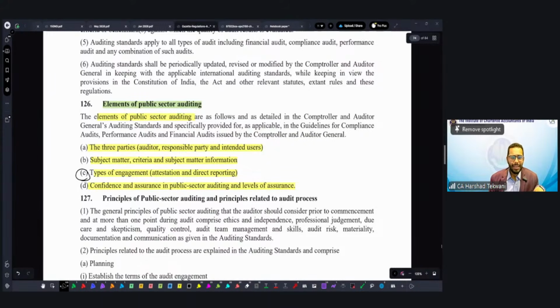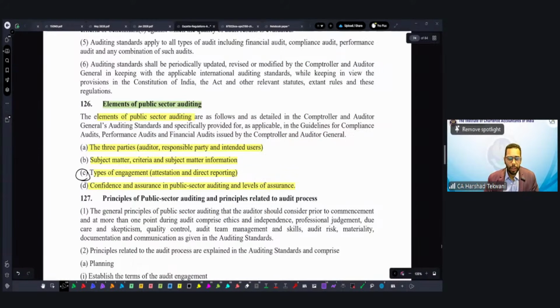Anything else you may think of on direct reporting? Not assurance or conclusion. Okay, not assurance or conclusion.